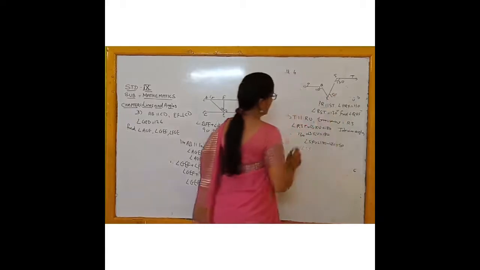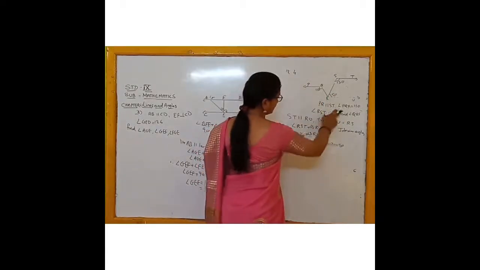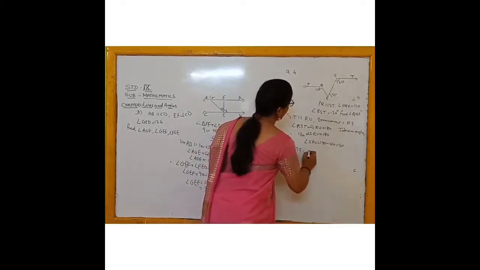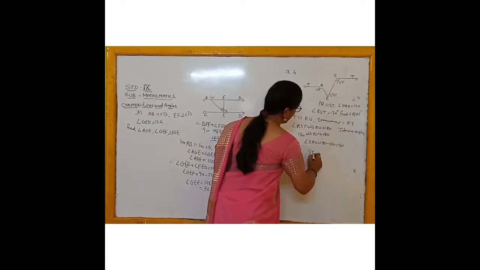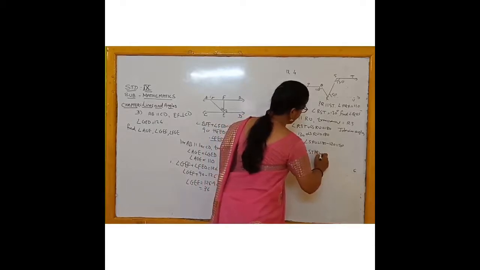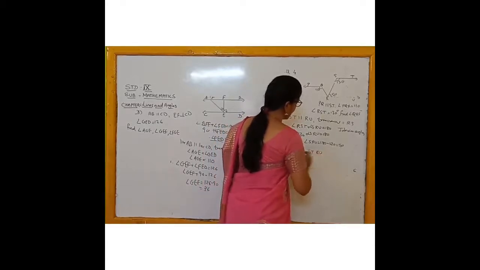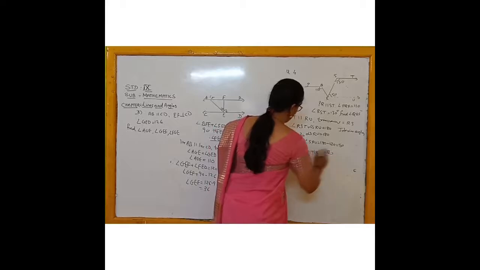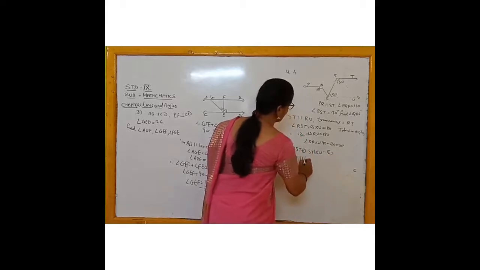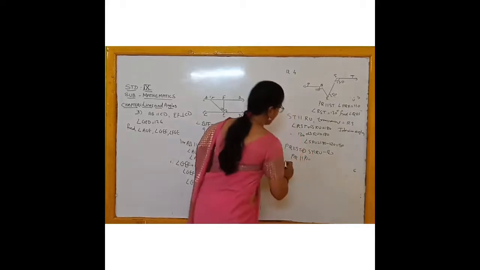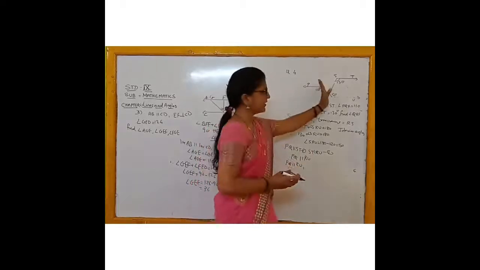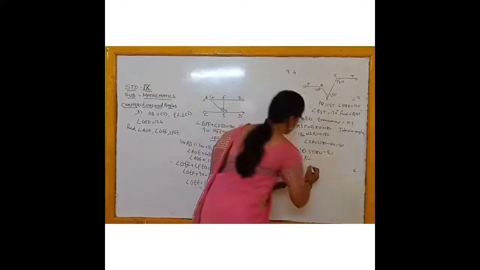Now, what is given? PQ is parallel to ST. We have drawn RU parallel to ST. So from both these, 1 and 2, you can say PQ is parallel to RU. Now, if PQ is parallel to RU, take the transversal QR.